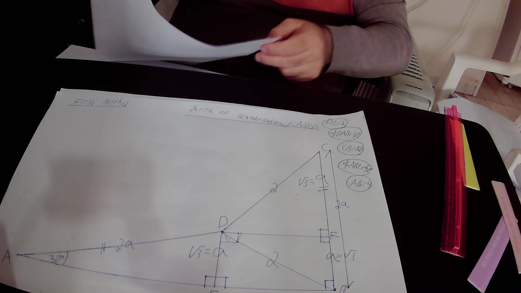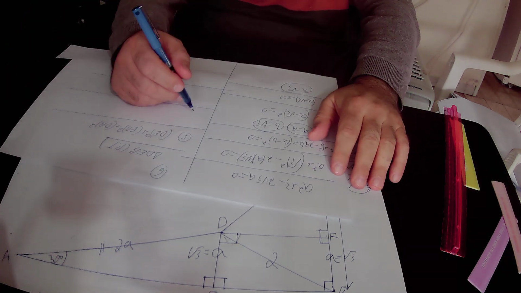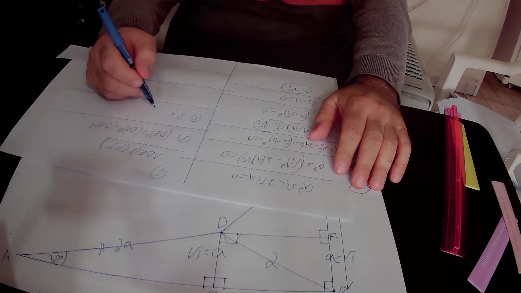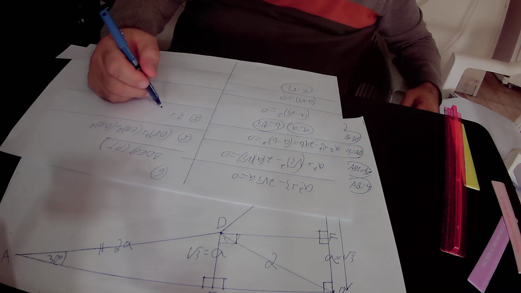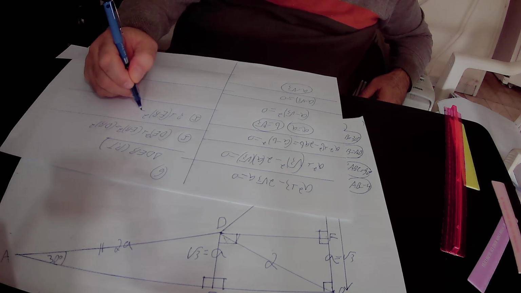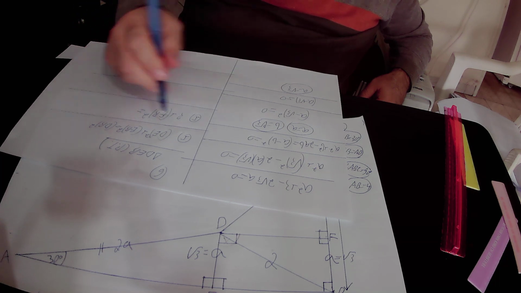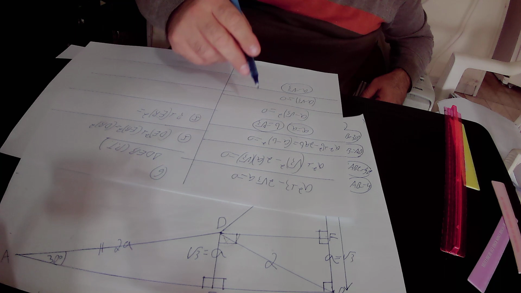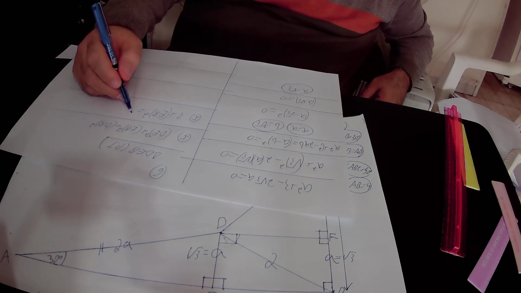Square root of 3 square is 3 plus EB square. EB is the missing variable, so we will leave it as it is, plus EB square equals to DB square. DB equals to 2 units, therefore DB square is 2 square, 2 square is 4.